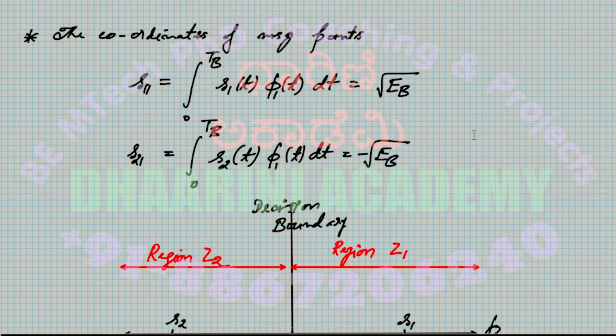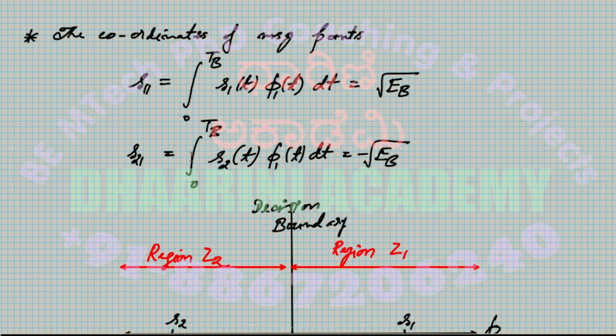Now let's look at the decision region. Where should the decision boundary be kept so that you can design the receiver part? This is called a correlation type of receiver, where the received signal S1 is multiplied with phi1 to get one of the answers. One possible answer is S11, which is root Eb.